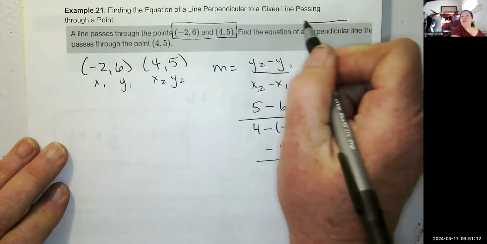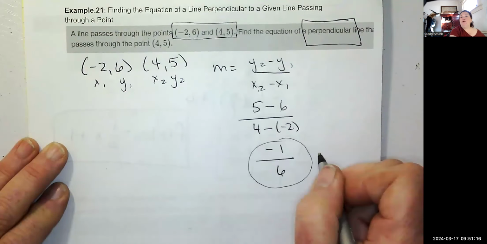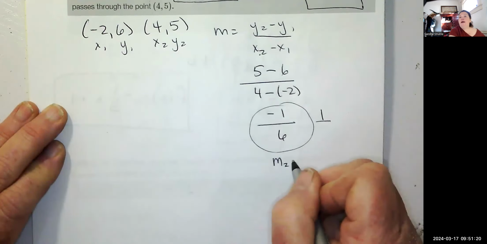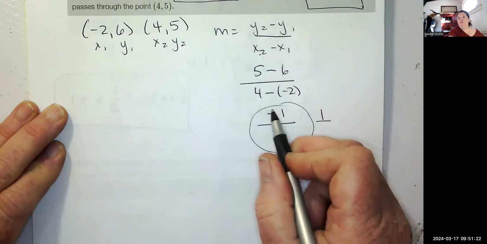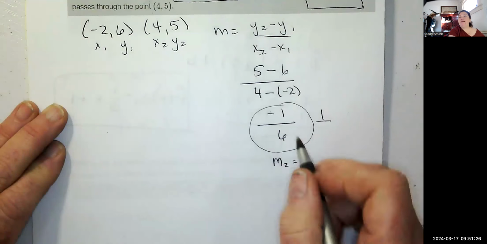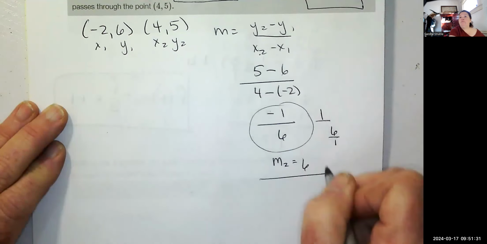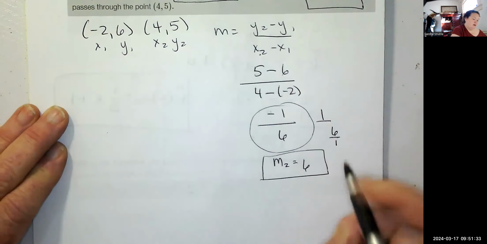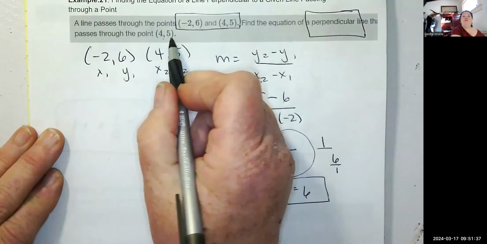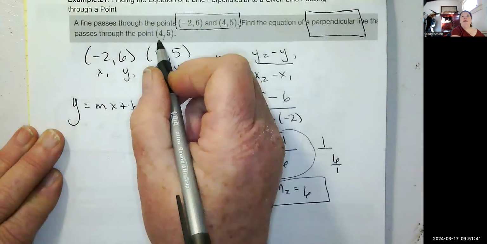But we want a perpendicular line. So I need to take this and make it perpendicular. The new slope has to be the negative of this, which is already negative, so it's going to be positive. And instead of 1/6, it's going to be 6 over 1, which is just 6. Sweet. All right, and they want the new line to go through the point 4, 5. y is 5.